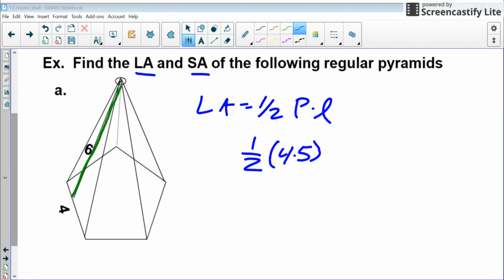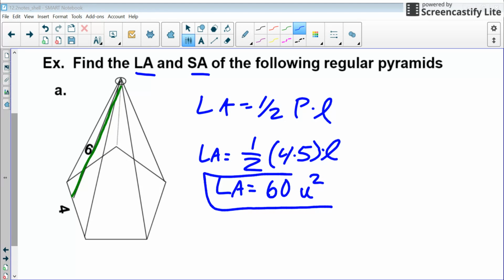So again, that's the slant height because it's not straight up and down, it's kind of slanted up the side. So throw that in, and we can solve for our lateral area. 60 units squared again, because this is an area. Okay, so now if we want to find our total surface area, we need our lateral area plus our base. Our base in this case is that pentagon.